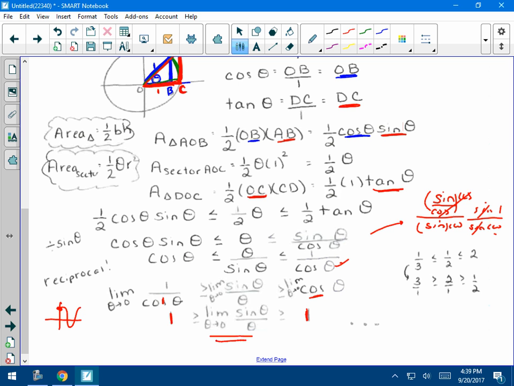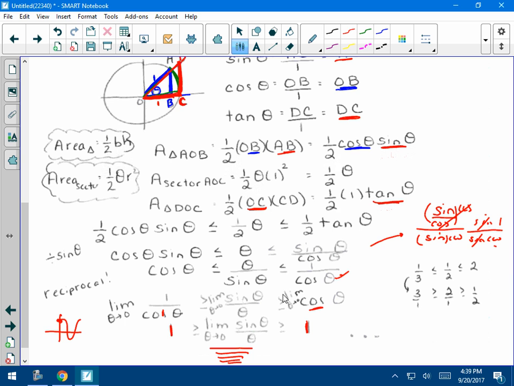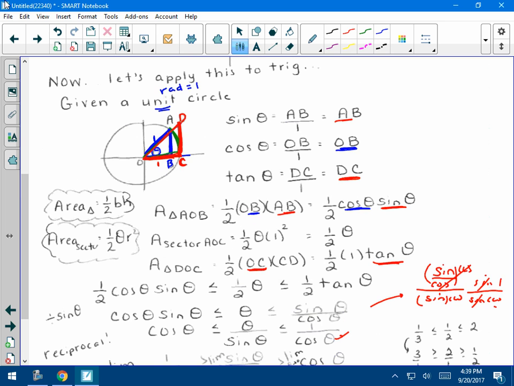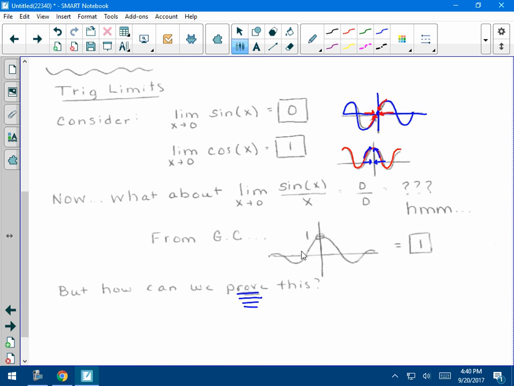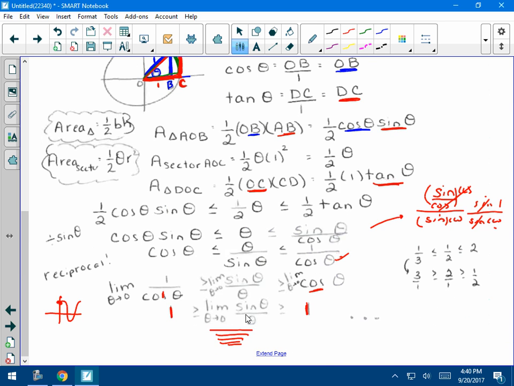I don't know this limit in the middle, but that's what I was trying to find, and oh, what do you know? These three functions that were all in order, these outer functions both have the same limit. So that means this inner function, which is the one we were trying to prove a second ago, see, right there, also has to have the same limit of 1.